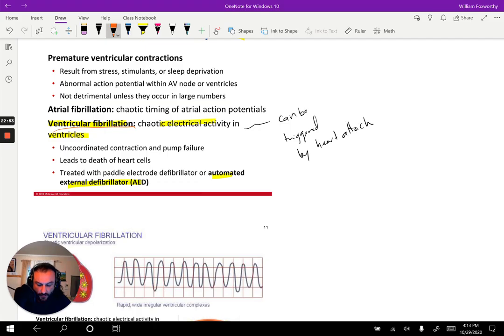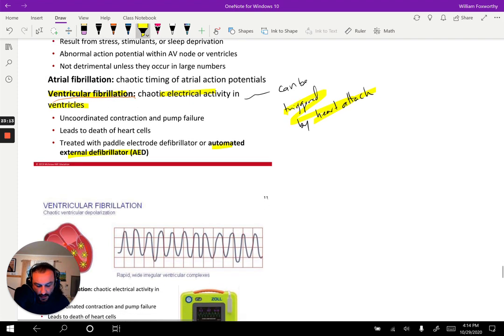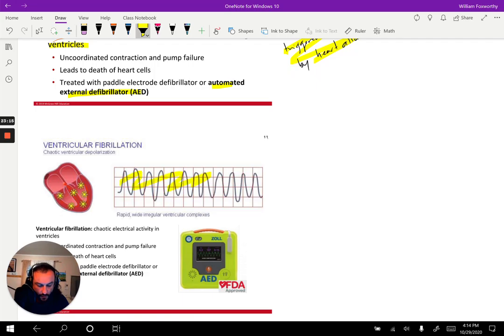And unless your muscle is coordinated, unless you have the atria contract, then relax, then the ventricles contract, then relax, if they are just kind of spasming around in random ways, the blood is not going to go anywhere. And so that ventricular fibrillation can be triggered by a heart attack. And here's what it might look like on an ECG.